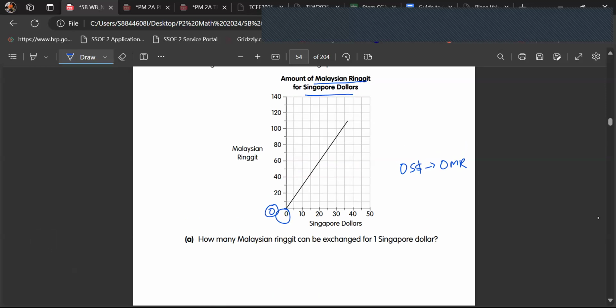But of course, it might be helpful because it tells you to find how many Malaysian ringgit can be exchanged for $1. It's quite helpful. So I can find some measurements based on the graph. For example, let's look at 10 Singapore dollars. Where will it get me?